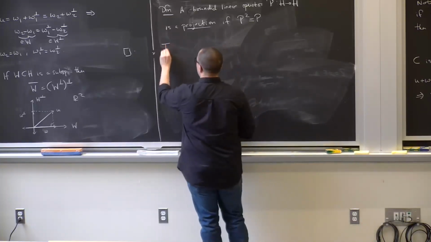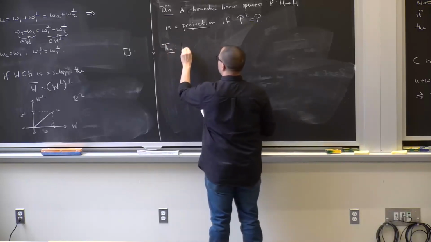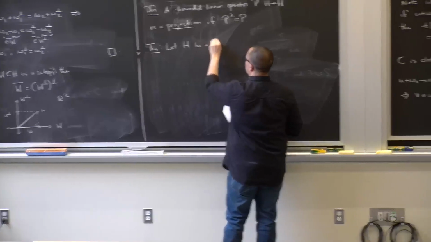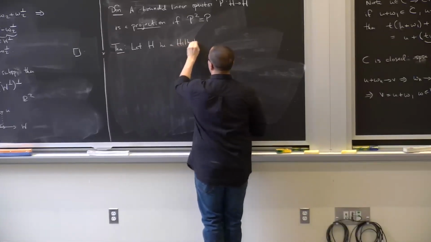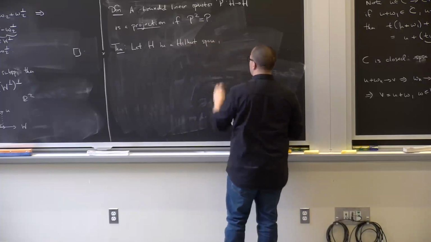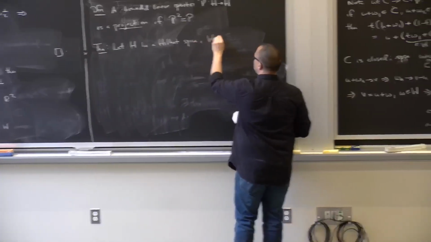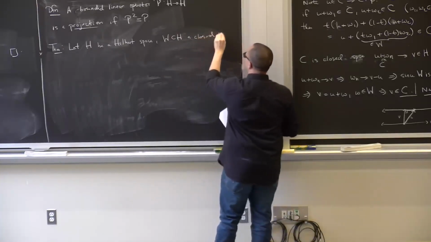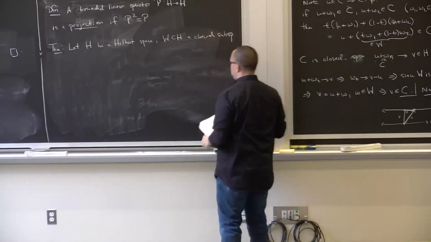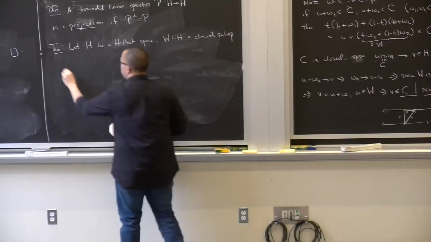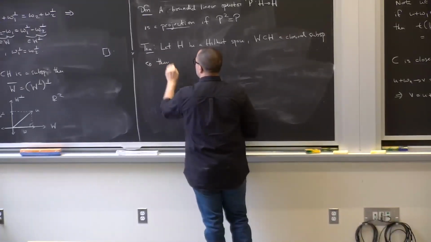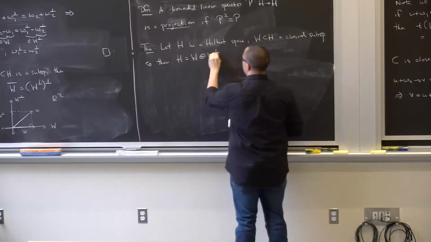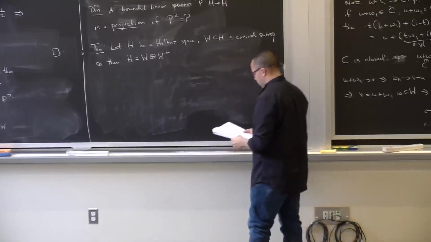So let H be a Hilbert space as usual, W a closed subspace. Then by the previous theorem, we have H is equal to the direct sum of W and its orthogonal complement.